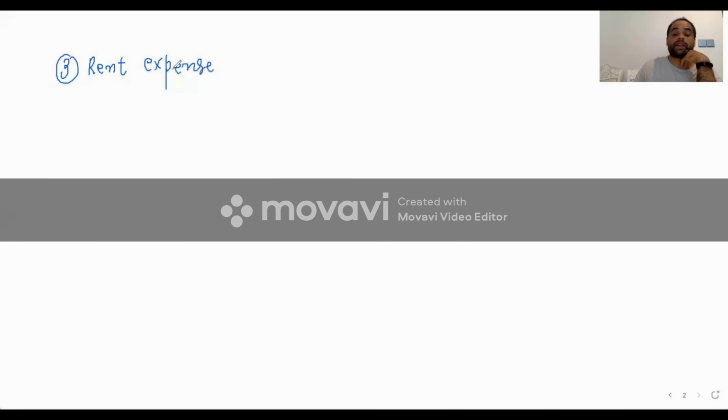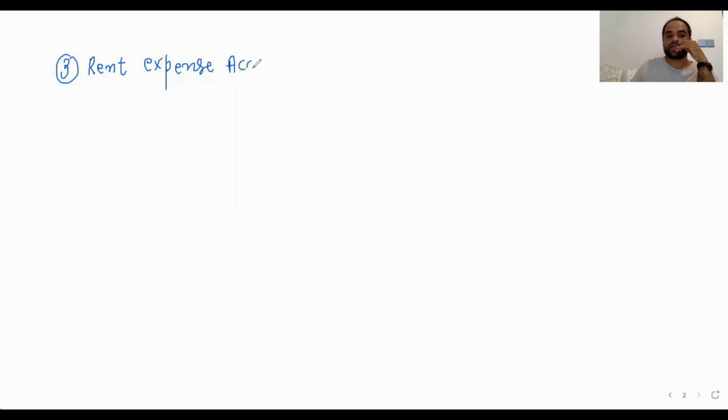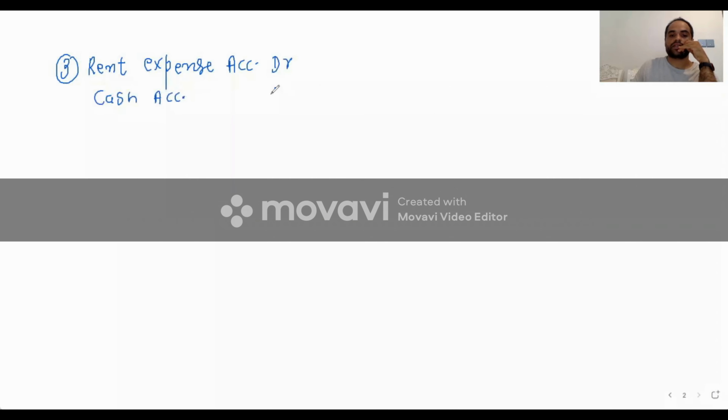Make sure you write expense, otherwise we're not going to understand whether it is income or what. Rent expense accounts debit and cash accounts credit. 100, 100.